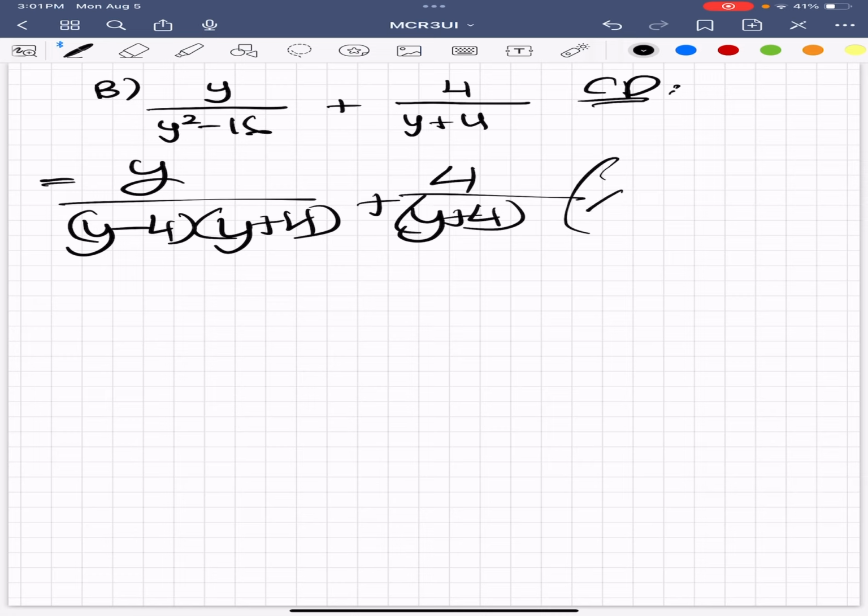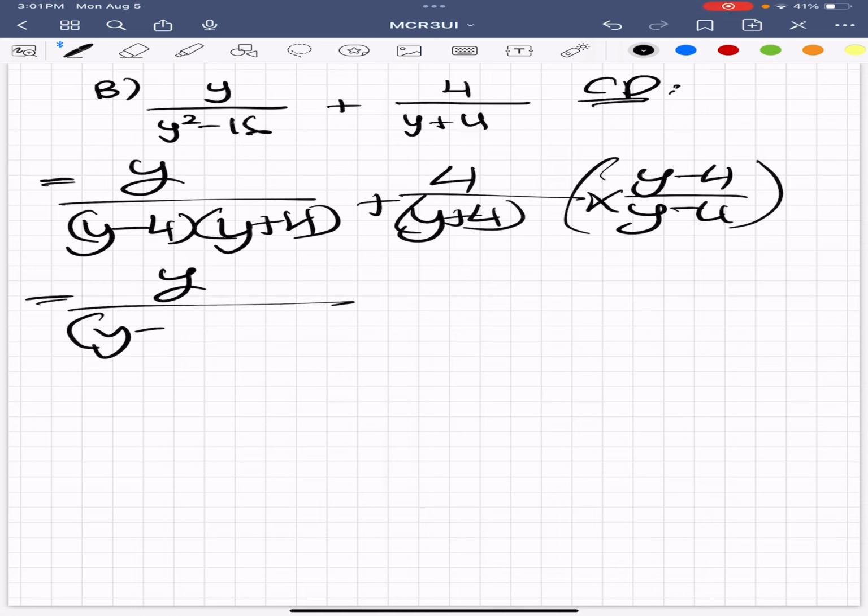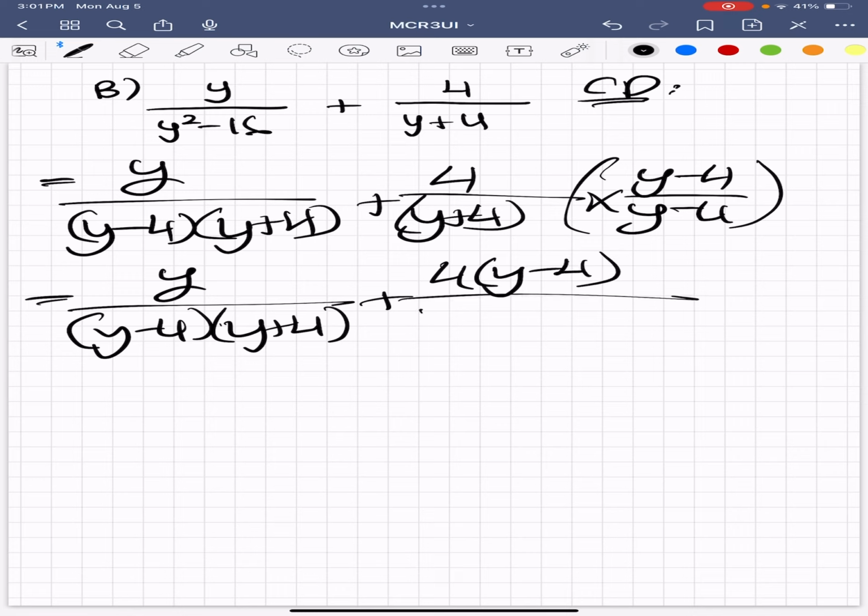And then we're going to multiply by y minus 4 over y minus 4. So we have y over y minus 4, y plus 4, and then we have 4, y minus 4, over y plus 4, y minus 4.